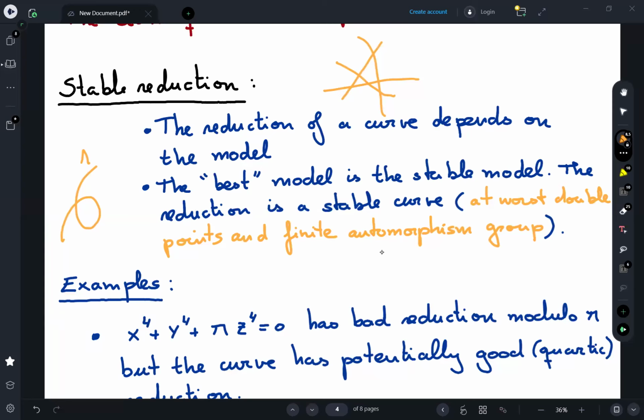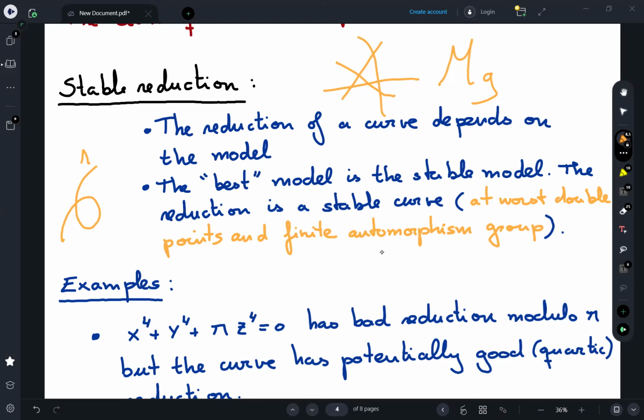And maybe it's a little bit unrelated to the things that I want to say today, but this is really nice, because those stable curves, if you add them to the moduli space M_g of smooth genus g curves, which is actually non-compact, are a way of compactifying it. Studying the stable curves is interesting because it helps you to understand the geometry of the moduli space of curves, for instance.